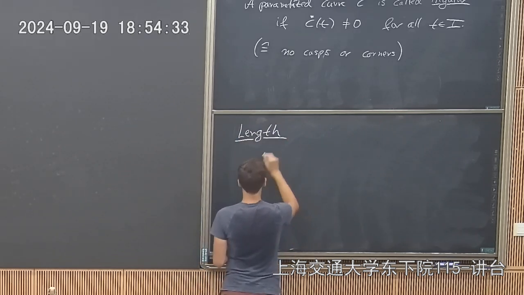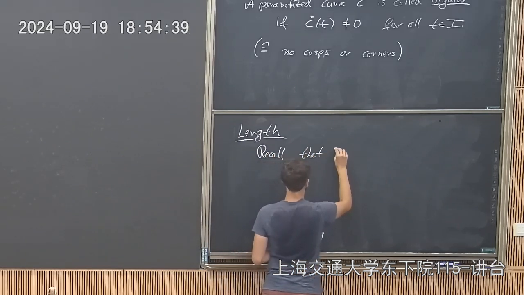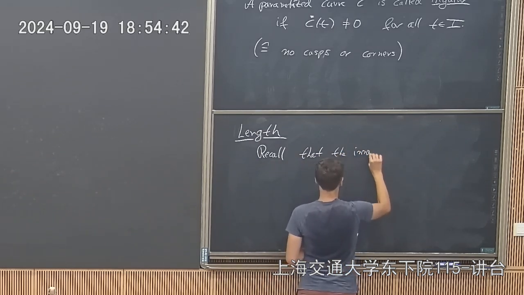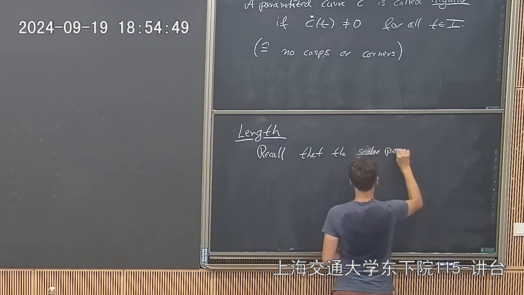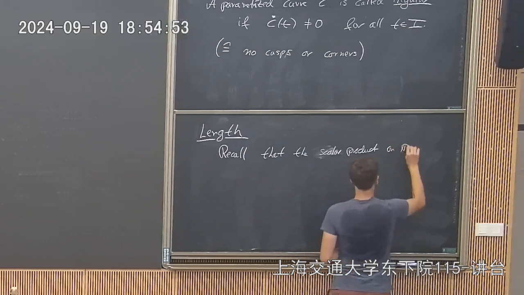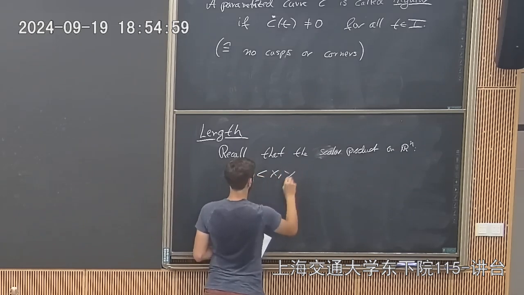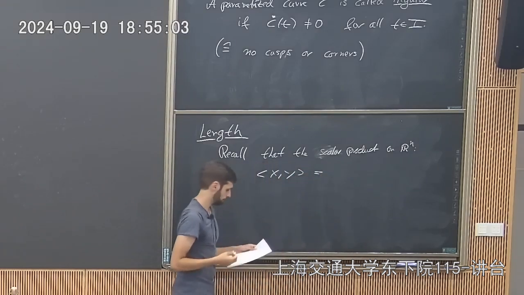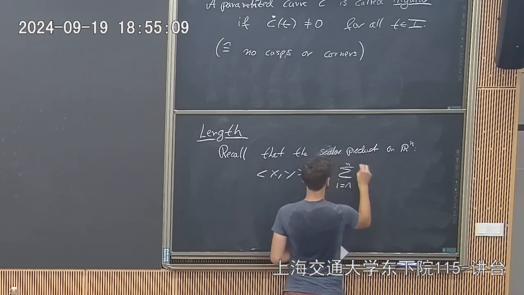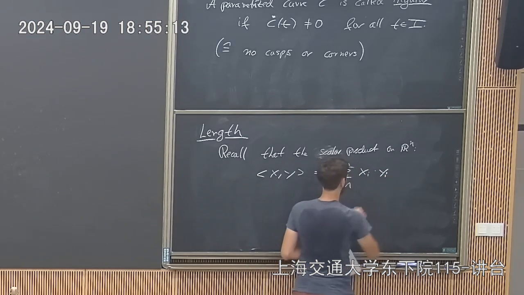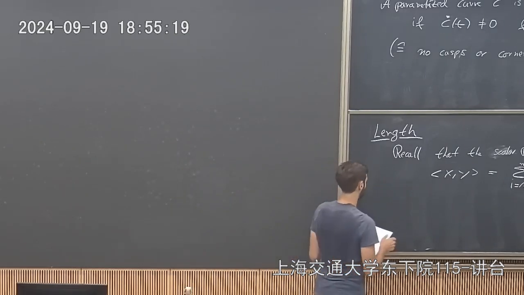And the first thing is that we have a scalar product on R^n, which is defined by, my notation is with these angled brackets, just taking the product of all the entries of the vectors and then summing them up. So that's just the normal scalar product that you should know.